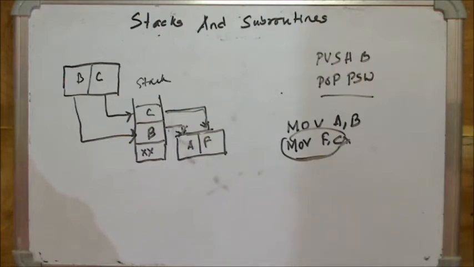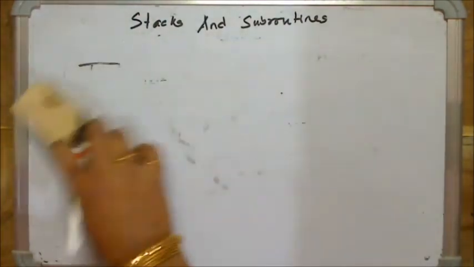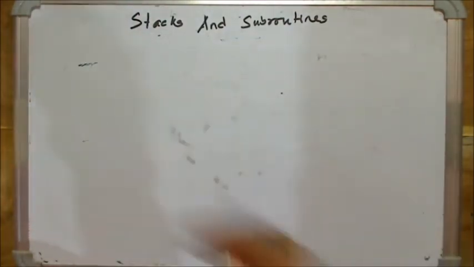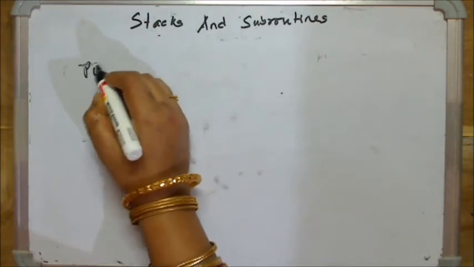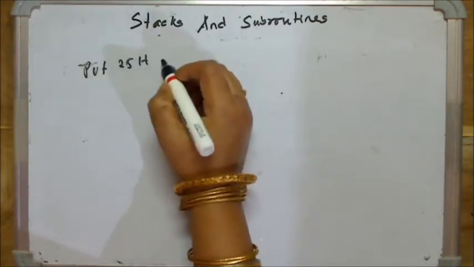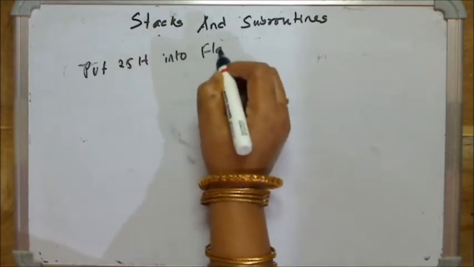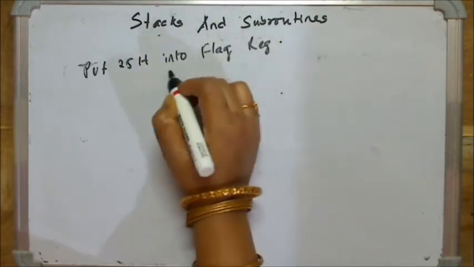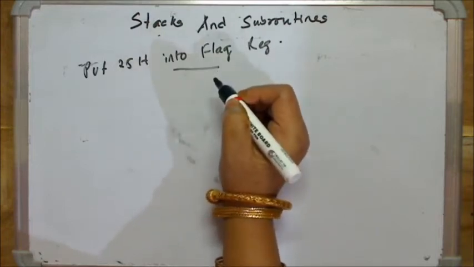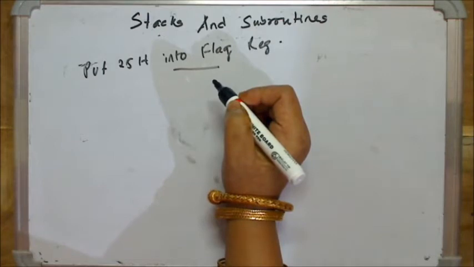You have now given a brand new value to the flag register. If you remember, flags are changed by the ALU after every operation. Now, if I ask you to put 25H into the flag register, how will you write it?